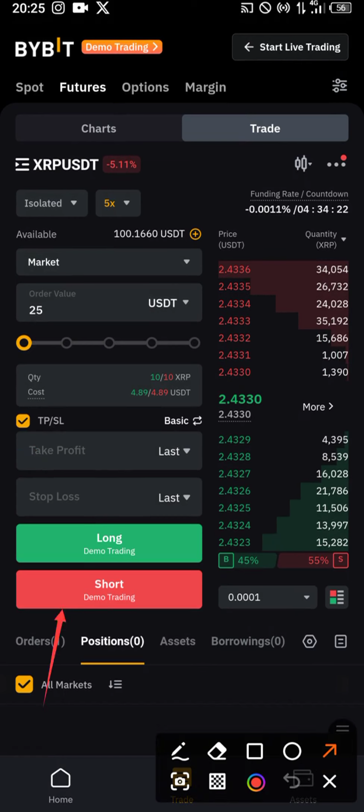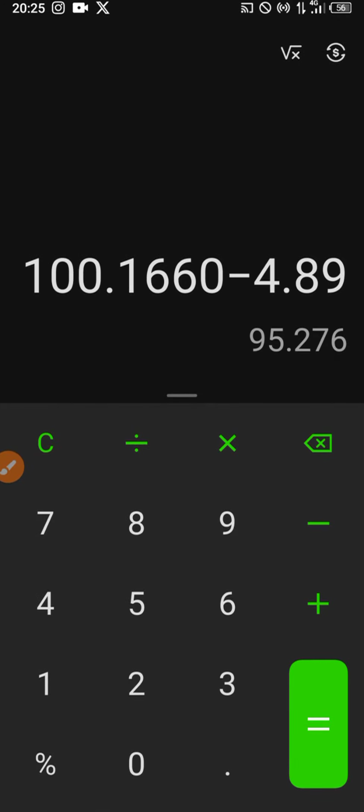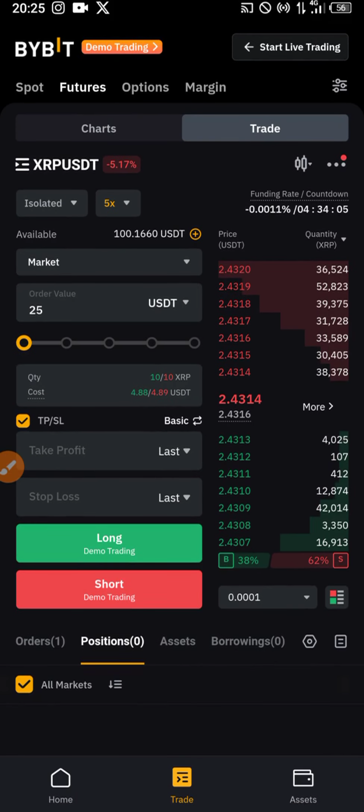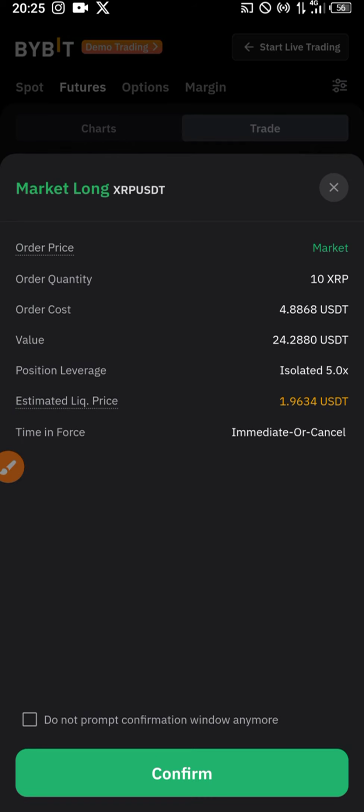My margin, my actual capital, let's say 4.89, right? 100.1160 minus 4.89, I'm supposed to be left with 95.276. Now let's go back. Now I place the long trade and I click on confirm.